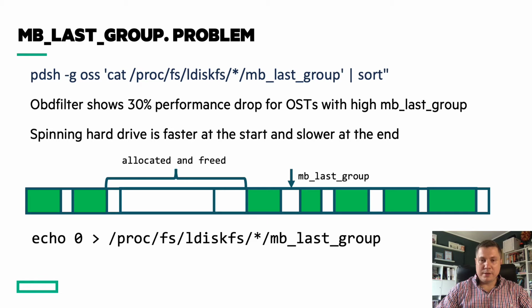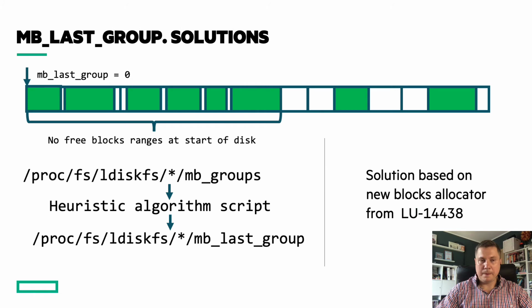But this approach has its disadvantages, because in some situations there are no free blocks at the start of the partition, and the allocator needs to skip filled groups before it can find a group with an appropriate range of free blocks. So we could use something more sophisticated here.